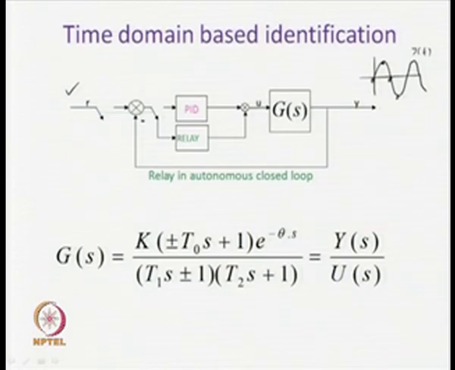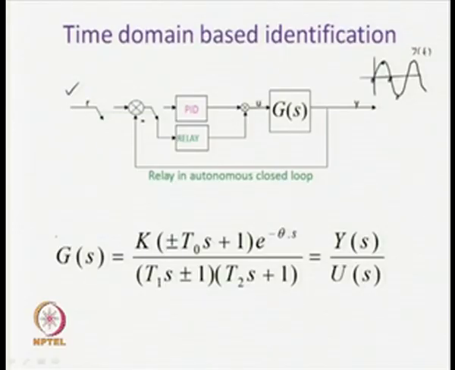With the help of those 4 measurements, it is possible to estimate the parameters of this standard second order plus dead time transfer function model. Those are the k, T0, T1, T2 and theta, and we shall describe in detail how it is possible to estimate the parameters of this transfer function model.